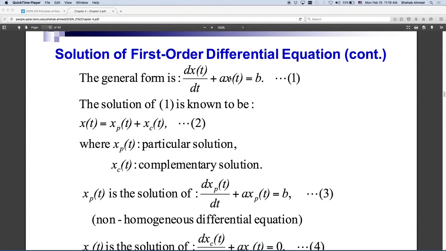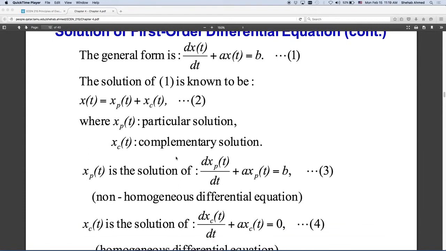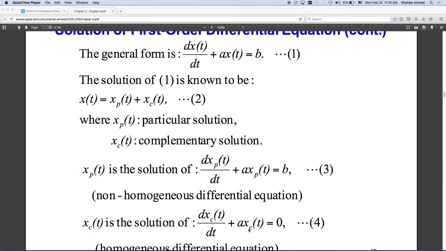They call it particular solution and complementary solution. Complementary solution is the easier one, right? Put a 0 on the right hand side, and the solution for x of t is a function that is equal to its differential multiplied by a constant value. So k2 e to the st, and we found s, and we found k2 in terms of k1.